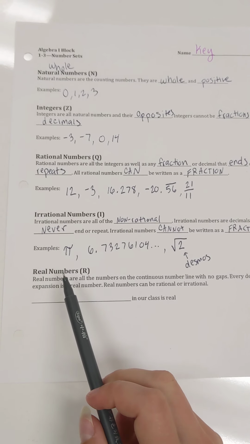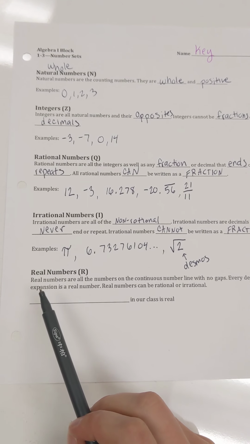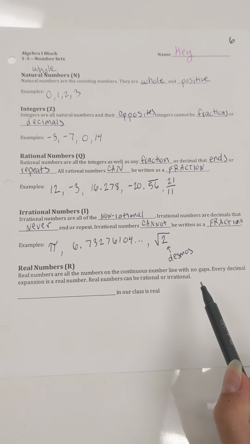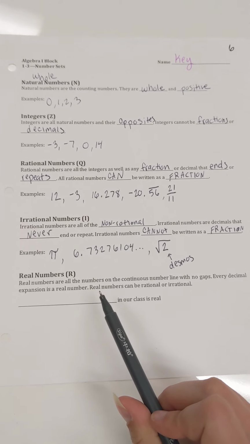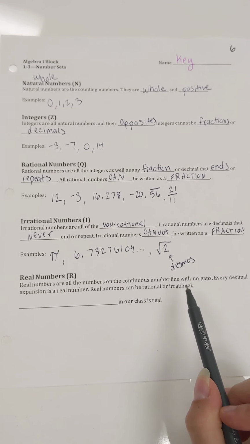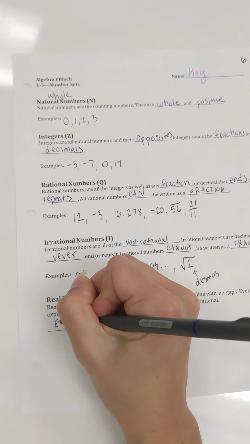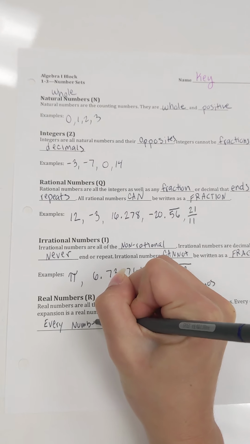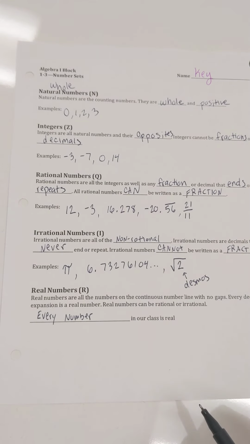And then the last set we're going to talk about are real numbers. Real numbers are all of the numbers on the continuous number line with no gaps. Every decimal expansion is a real number. Real numbers can be rational or irrational. Every number in our class is real.